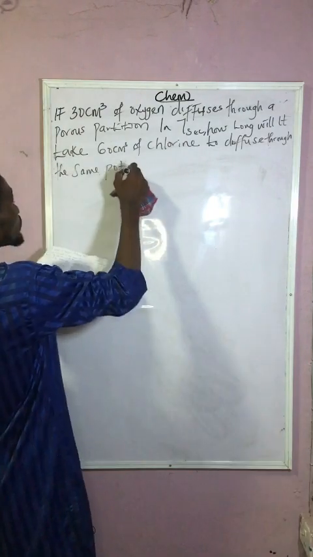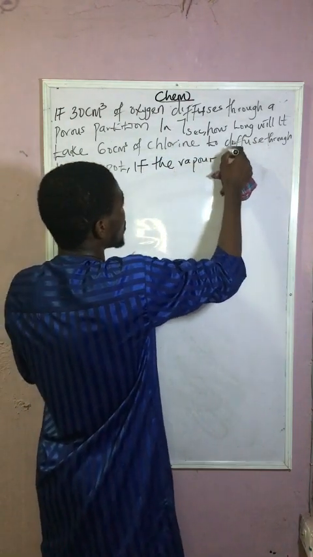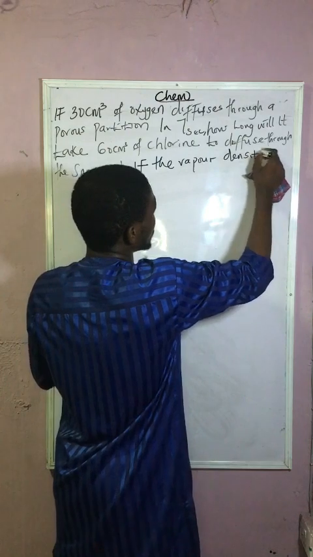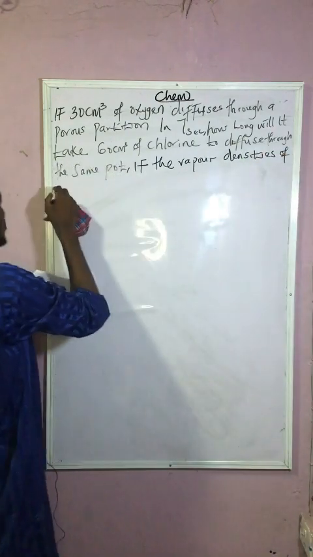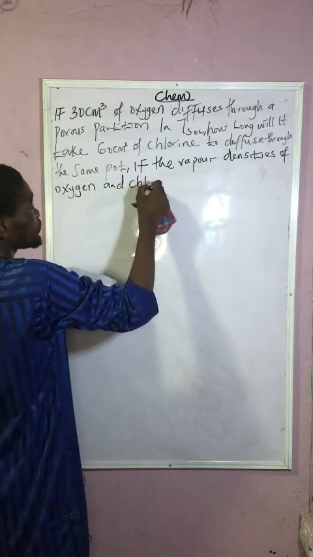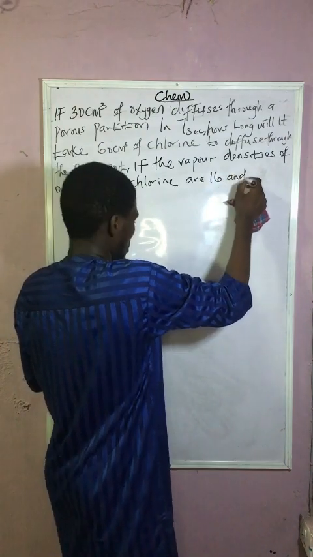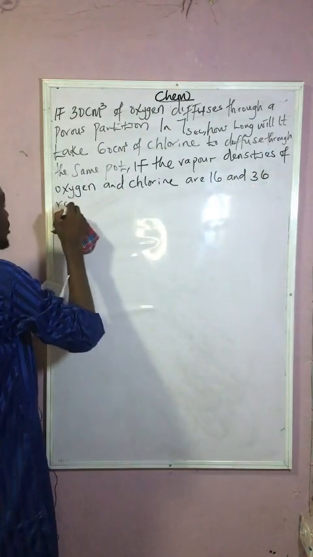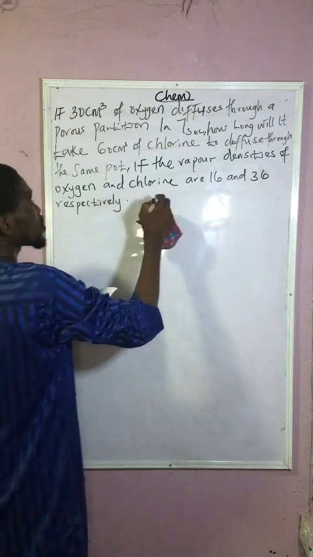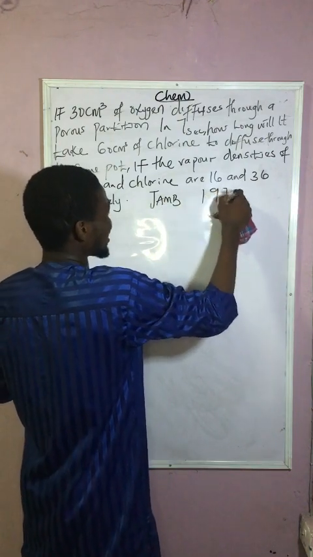If the vapor densities of oxygen and chlorine are 16 and 36 respectively, this is a JAMB correction to 1978.